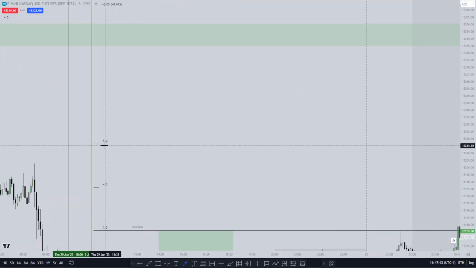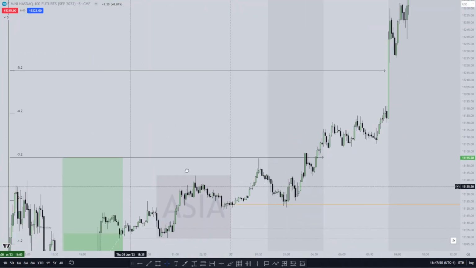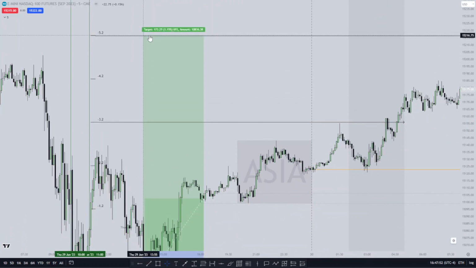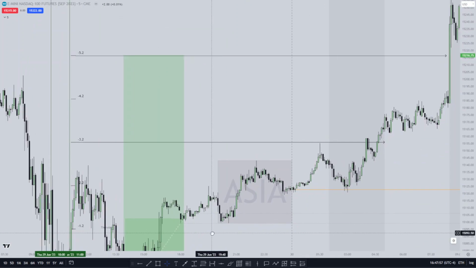So meaning if I enter right here, that will be an 11 hour. Do you see that?